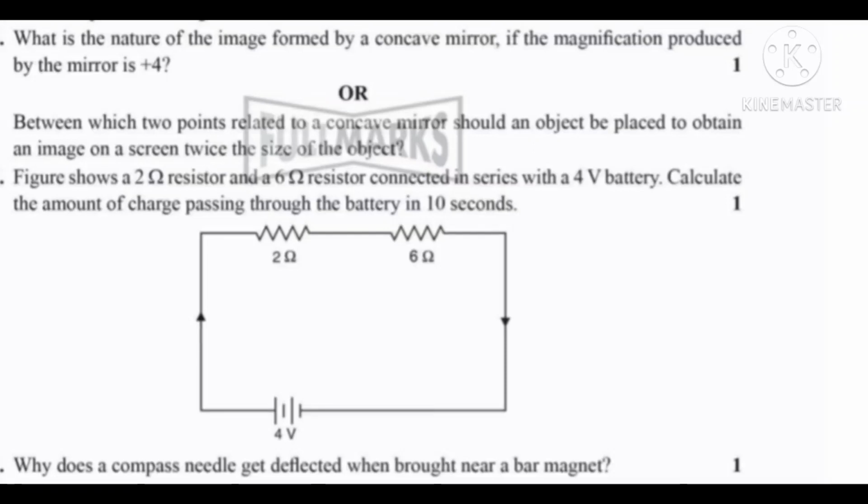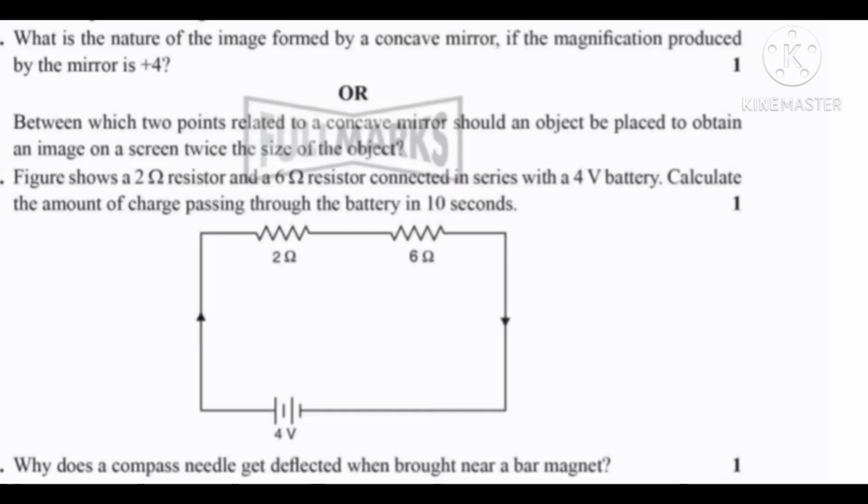And the next question is, why does a compass needle get deflected when brought near a bar magnet? That also you have studied with the help of Oersted experiment. It is proved that a current carrying conductor will behave like a bar magnet, isn't it?